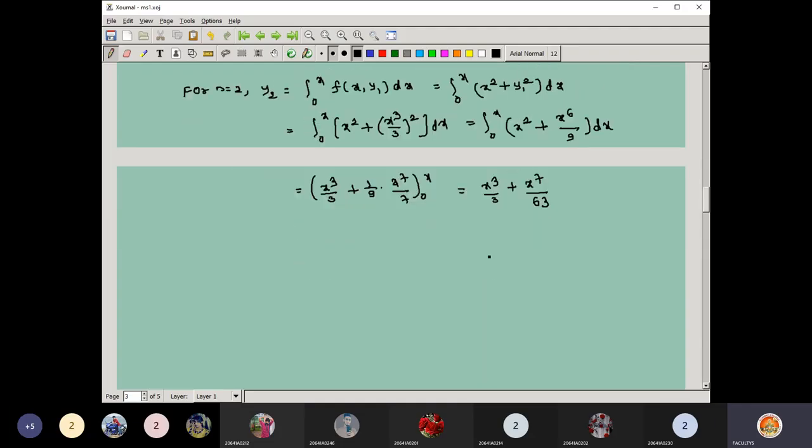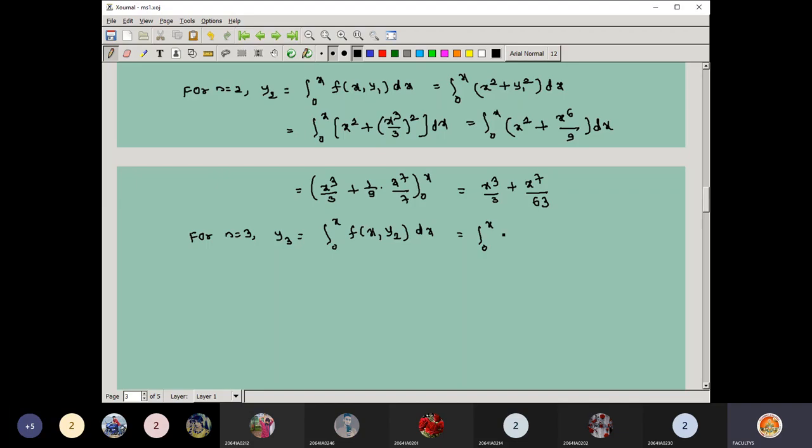Better to get your correct answer, I am just going for the next approximate also. So n equal to 3, it is y3. So integral 0 to x, f of x comma y n minus 1, it is y2, dx.